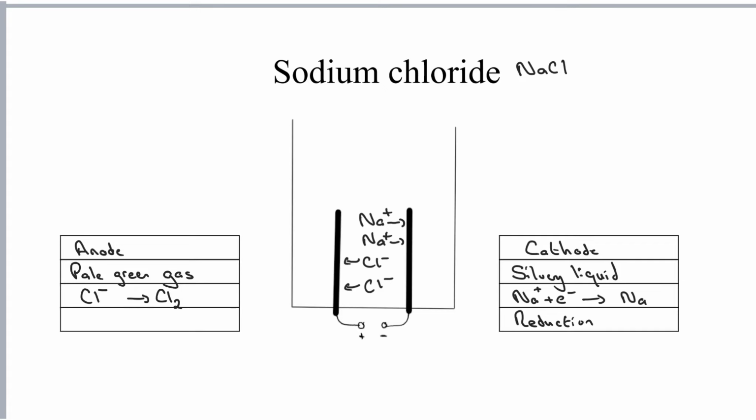So what we need to do firstly, balance the number of atoms on either side, so put a 2 in front of Cl minus, and then we add the 2 electrons onto the right-hand side, so both sides of our half equation have got a 2- charge. And this process, as always at the anode, is oxidation.